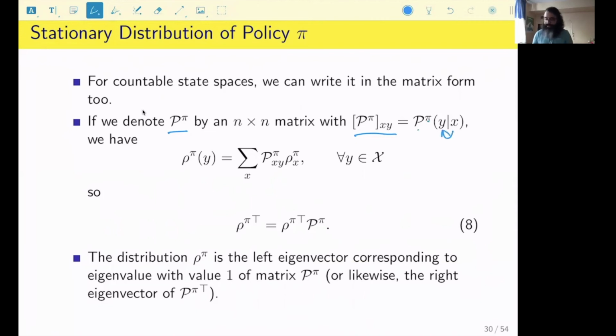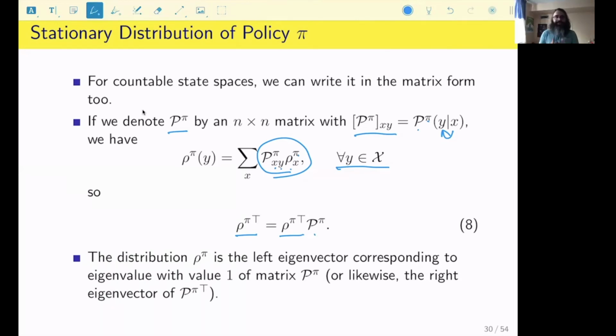Writing the previous summation with this notation, it would be rho pi of y equals the summation over x of P pi of x and y times rho pi of x, and this should hold for all y's. In matrix notation, it would be rho pi transpose equal to rho pi transpose times P pi. Just think of it as writing the summation in matrix form.